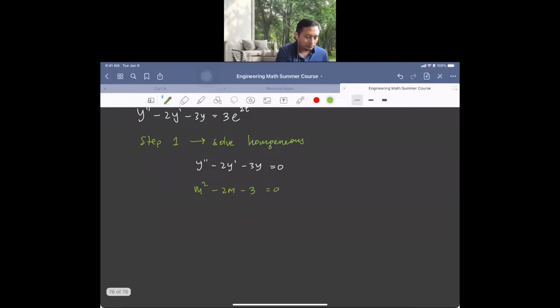Some books use m, some books use r, no problem. We can take the factor, right? So we have m1 is 3 and m2 is -1. So for the homogeneous, we could write C1 e^3t plus C2 e^-t. Okay. Now step 2.